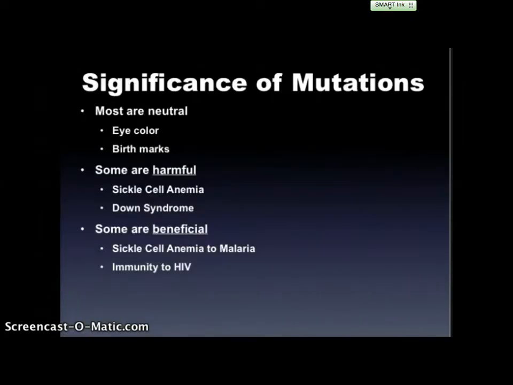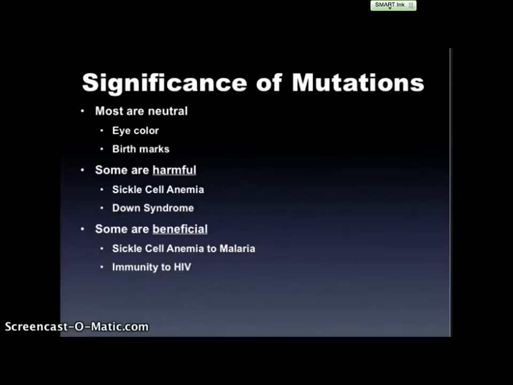Significance of mutations. Most are neutral, things like eye color, blue eyes, or light color hair are actually genetic mutations that are perfectly benign. Birthmarks are benign, they're not harmful. However, there are some genetic mutations that are harmful. Sickle cell anemia is a genetic mutation of just one amino acid being changed and obviously has a lot of severe consequences.